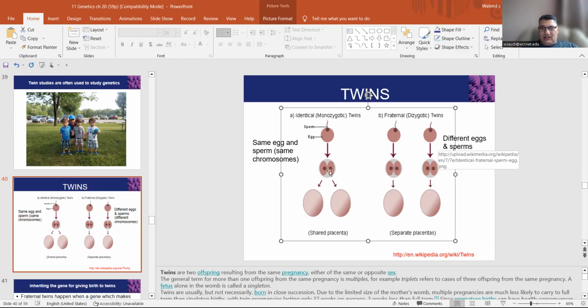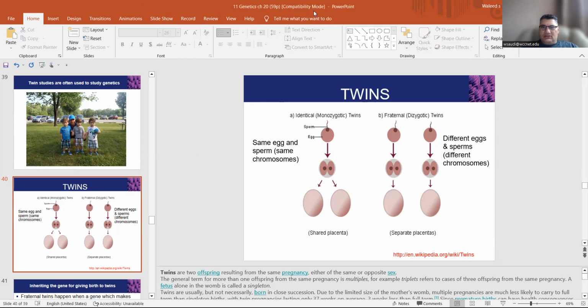But here it fertilized and grew and split fast and ended up giving you two. They will be identical, and that's good enough for this part. Let me stop here, and the rest will be done next time.